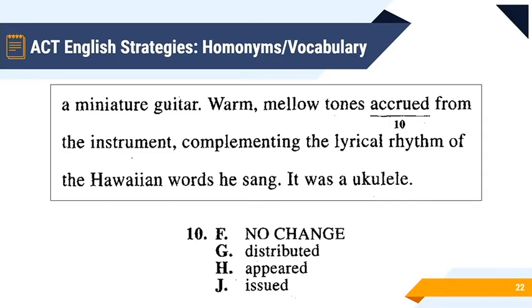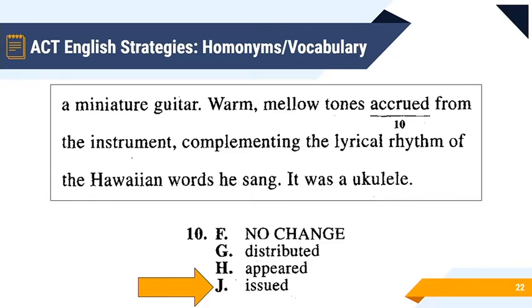So warm, mellow tones accrued. If they don't know what accrued is, they might know distributed, they might know appeared. They may have heard the word issued, but they wouldn't know to use it in this sentence and in this way. So the answer is issued, but again, there's so many words, we can't teach them every word.